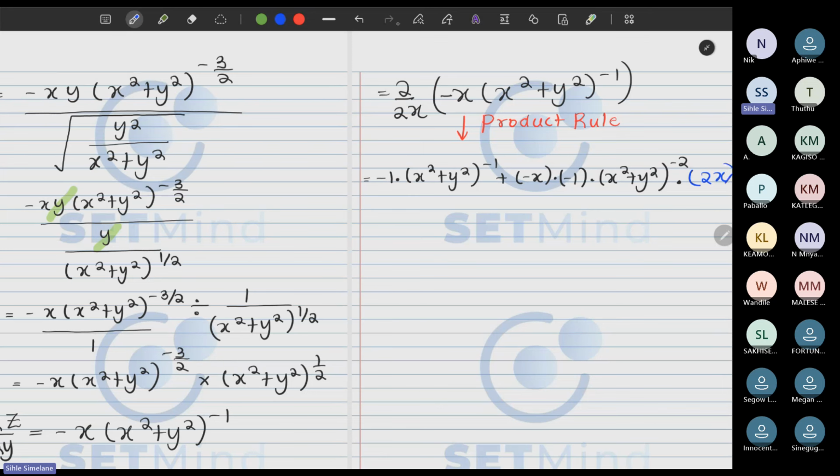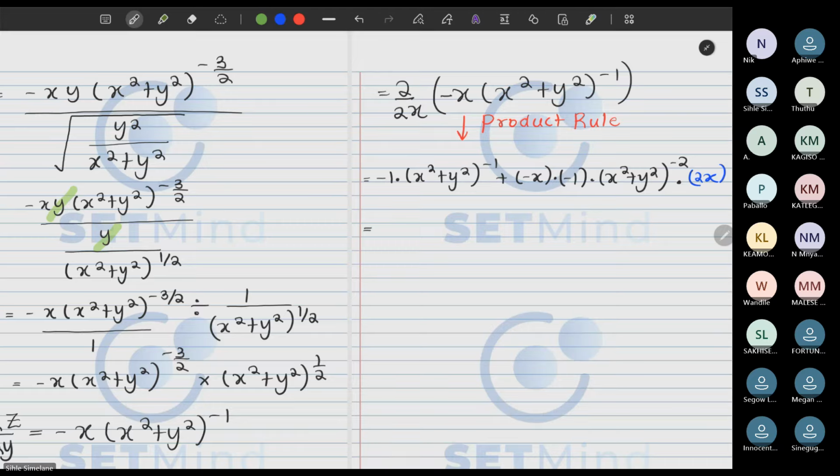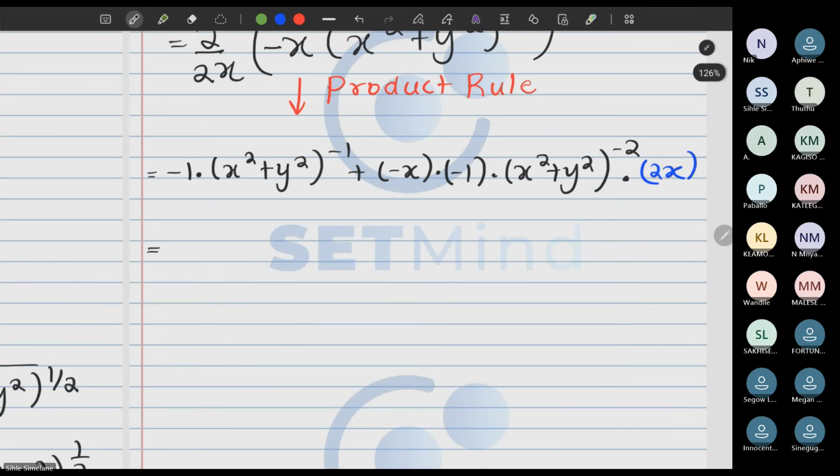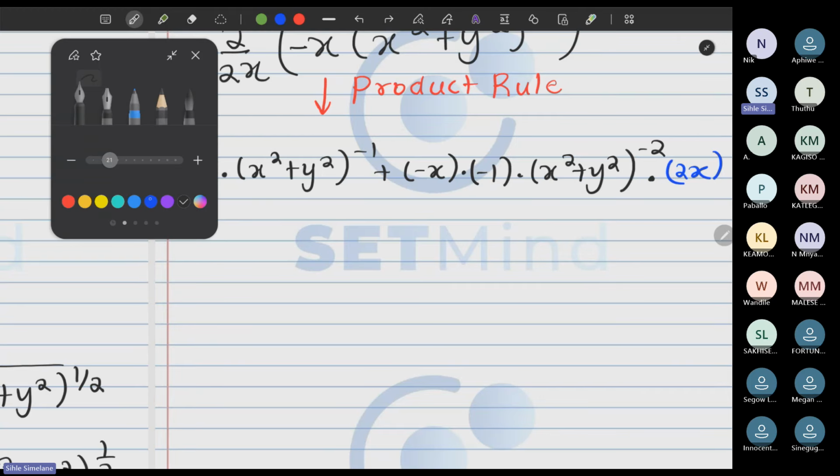Where is the 2x coming from? The 2x is coming from your chain rule. Okay, so our final answer, put it up.